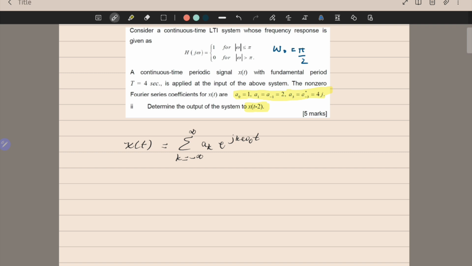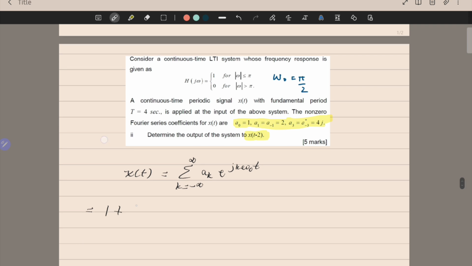So we already know what the values of k are from the previous question, right? So this has to be equal to, for k equals 0, what is a of 0? 1, okay? Again multiplied by e to the j 0 t. So this is just 0, multiplied by 0, right? So e to the 0 is just 1. So this is just 1. Okay, so for k equals 1, what do we have?